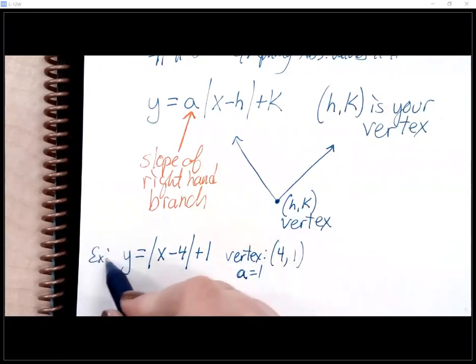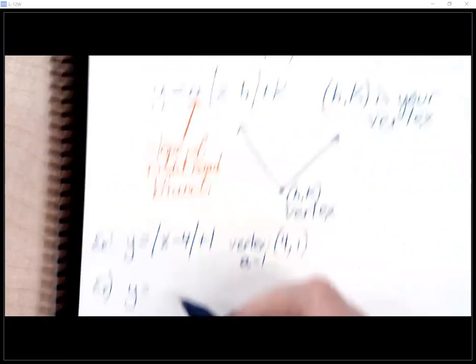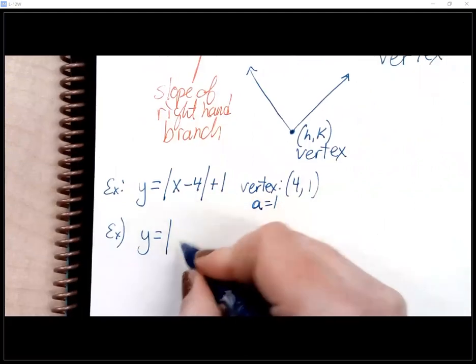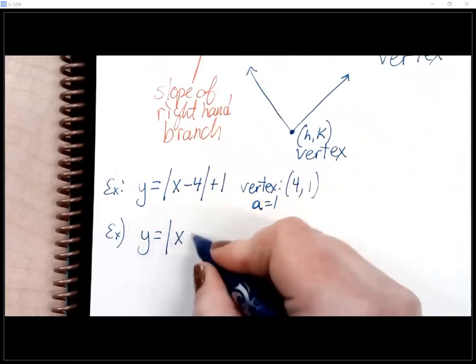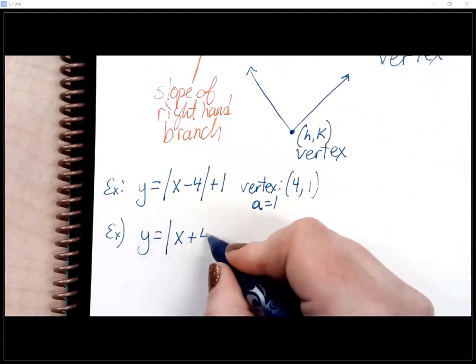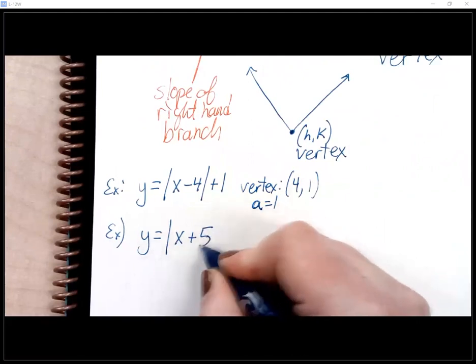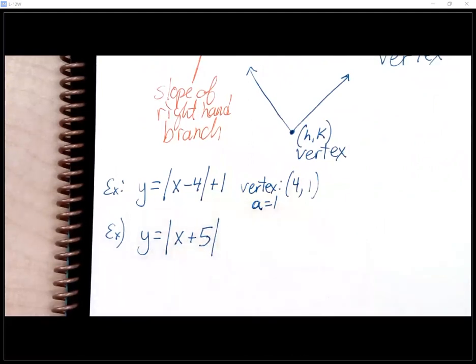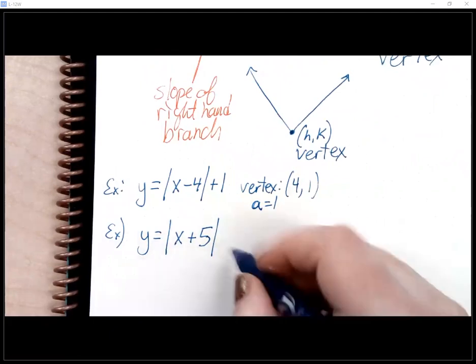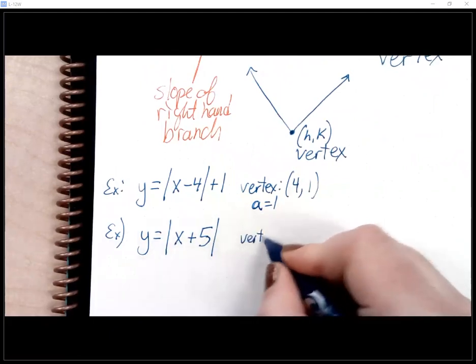Let's try another example. What if I gave you y equals absolute value of x plus 5, and I just left it like that? What do you suppose that vertex would be?